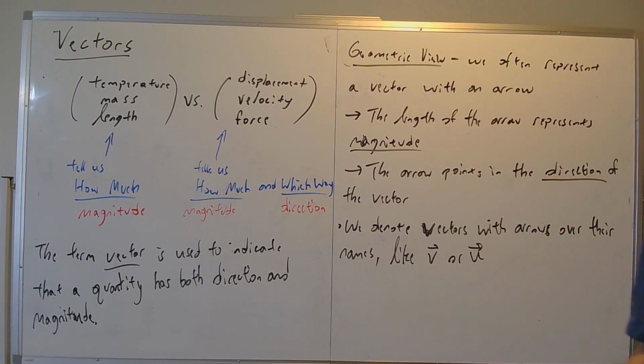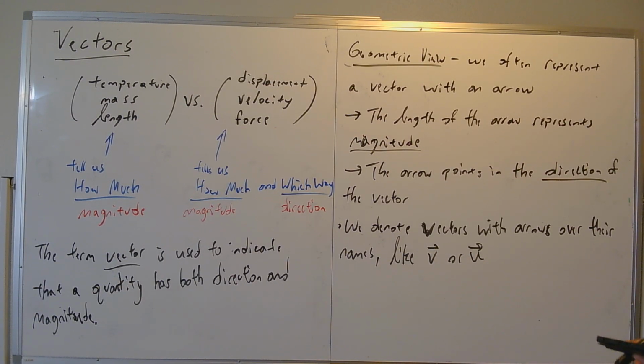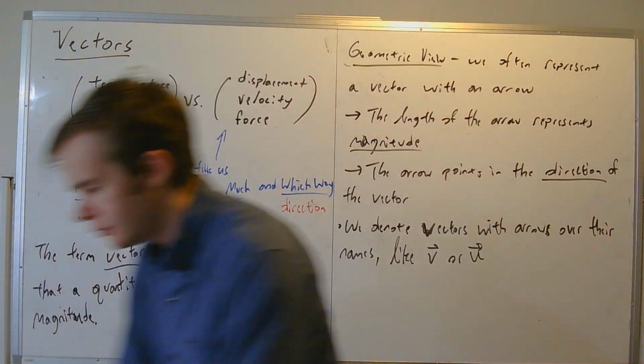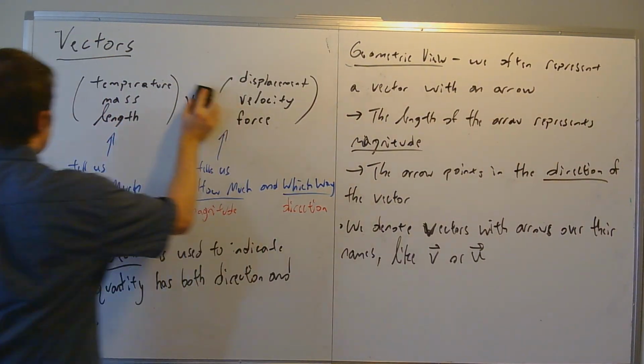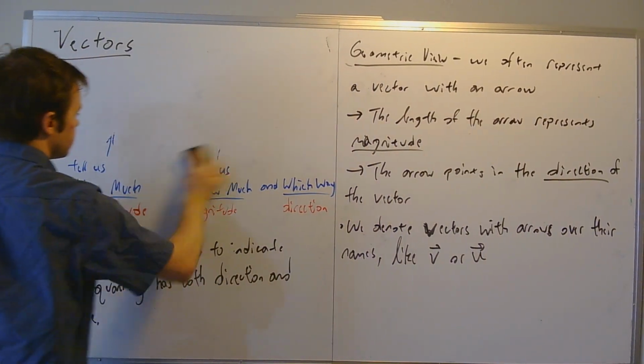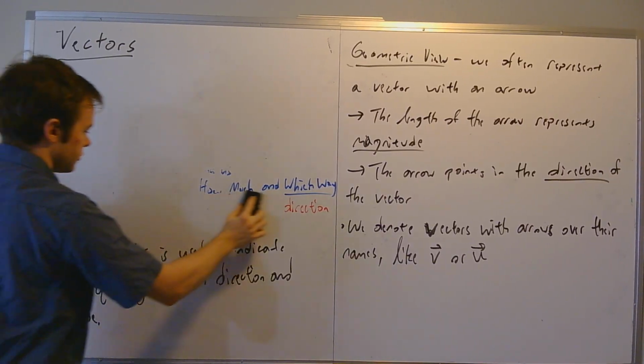Right, so we just draw a little arrow over the letter, and that means that it's a vector. Okay. And now we want to look at the case. Let me erase this left-hand side. We want to look at how we can draw these vectors.